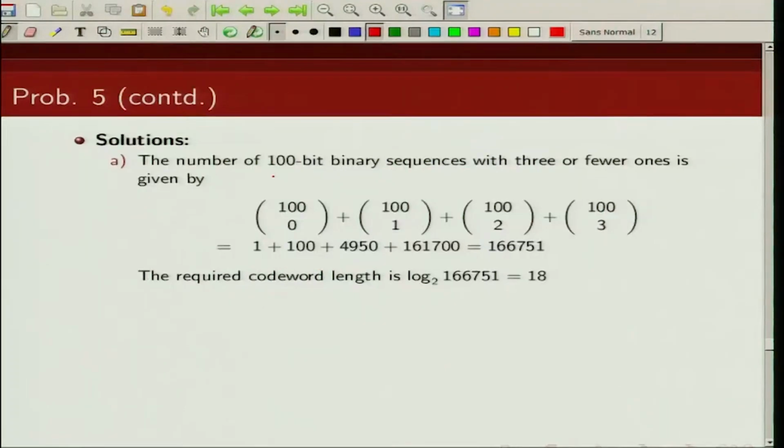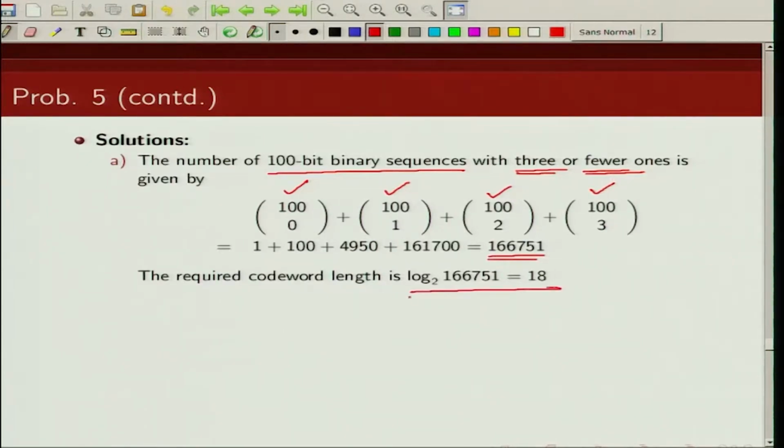So remember, we are considering these binary sequences 100 bits at a time. What is the number of such sequences which have 3 or fewer ones? This is the number of sequences which have all zeros, this is the number of sequences which have 1 one, this is the number of sequences of length 100 which have 2 ones, and these are the number of sequences of length 100 which have 3 ones. So the total comes out to be this.